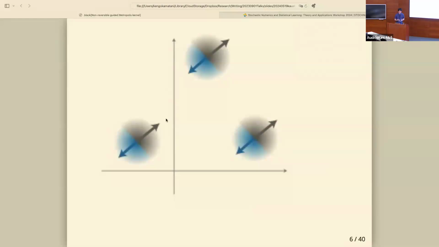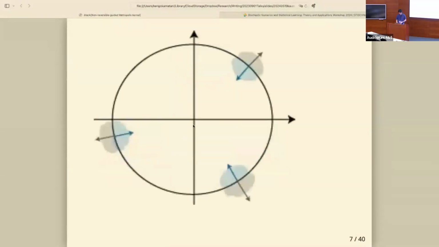In smaller dimensions, it is okay. But when the dimension becomes higher and higher, this direction is probably tangential to the target distribution, so it doesn't make sense for the high-dimensional case. What I want is a more informative direction, like this one.